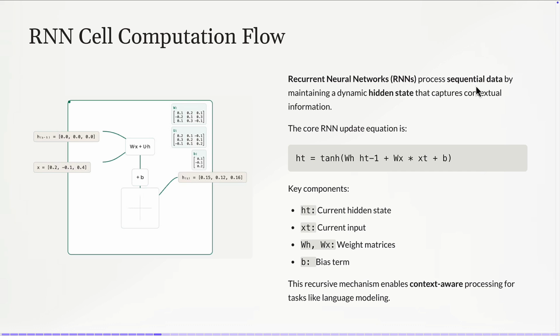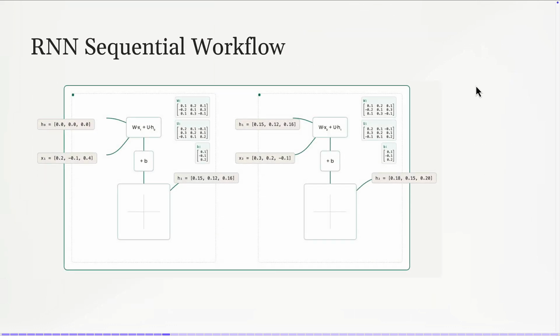Now if you look at the two-step sequential workflow of our RNN, it's like this. This is the same as I presented. Now I have a hidden state. This hidden state is the same as this one. I will take a new input, the second word, and this is the information that comes from the previous word.